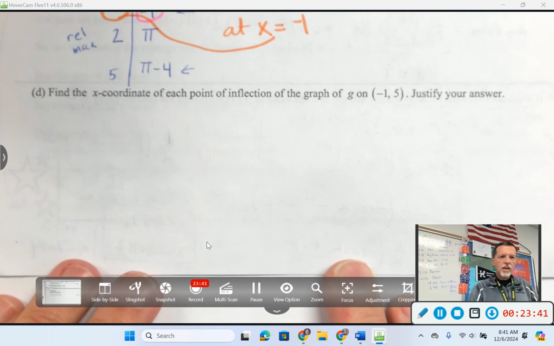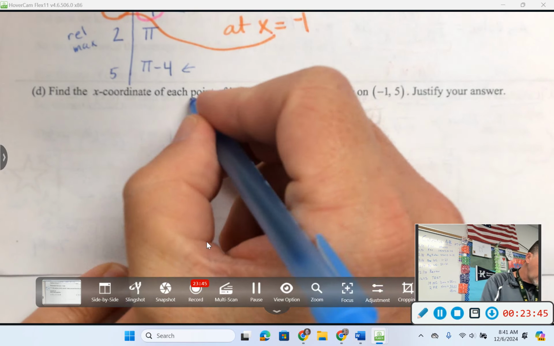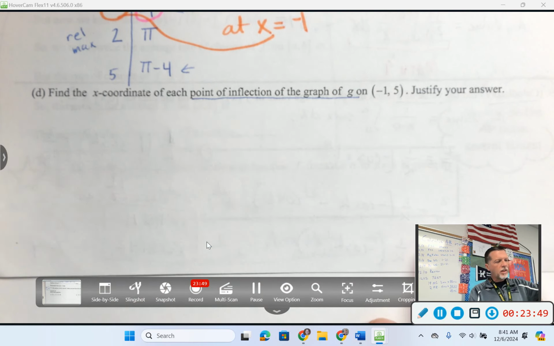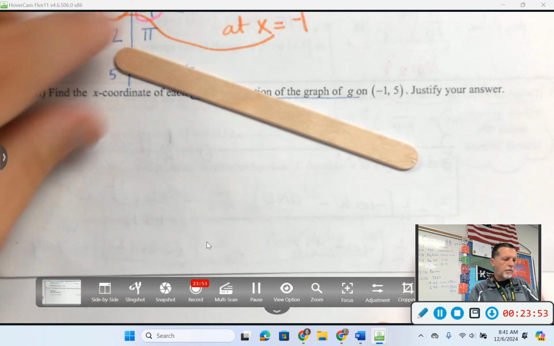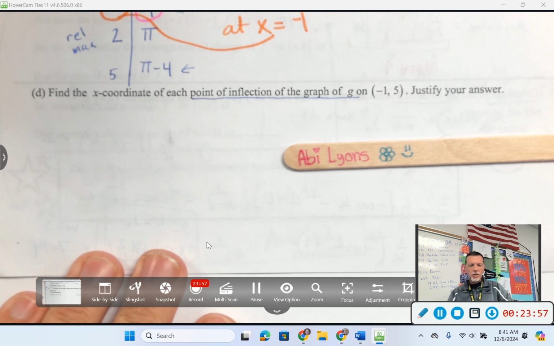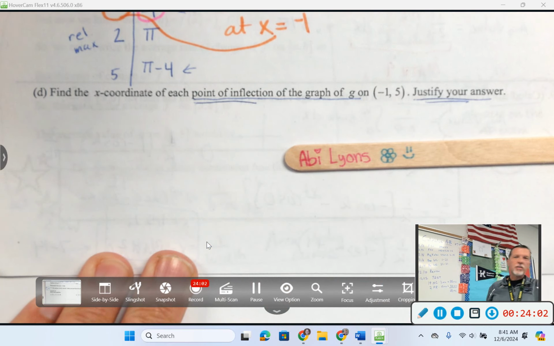D, find the x-coordinate of each point of inflection on the graph of G. Point of inflection of G. Abby, how do I find the point of inflection of G? Not for this particular problem, but just in general. What does point of inflection mean?